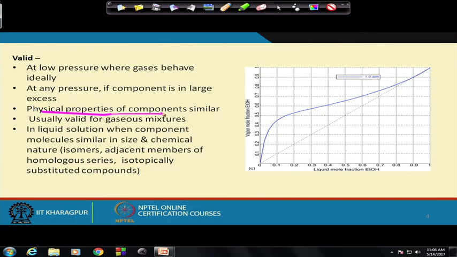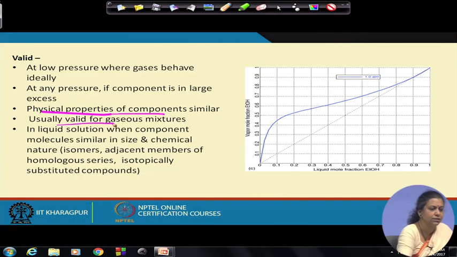So, therefore, whenever we find that at any particular pressure the component is in large excess, it obeys the Lewis-Randall rule. We know that at low pressure gases behave ideally, so normally they obey Amagat's law of additive volume. So, for gases at low pressure it is applicable, usually it is valid for all gas mixtures, and we find that at any pressure if the component is in large excess, it obeys the Lewis-Randall rule.